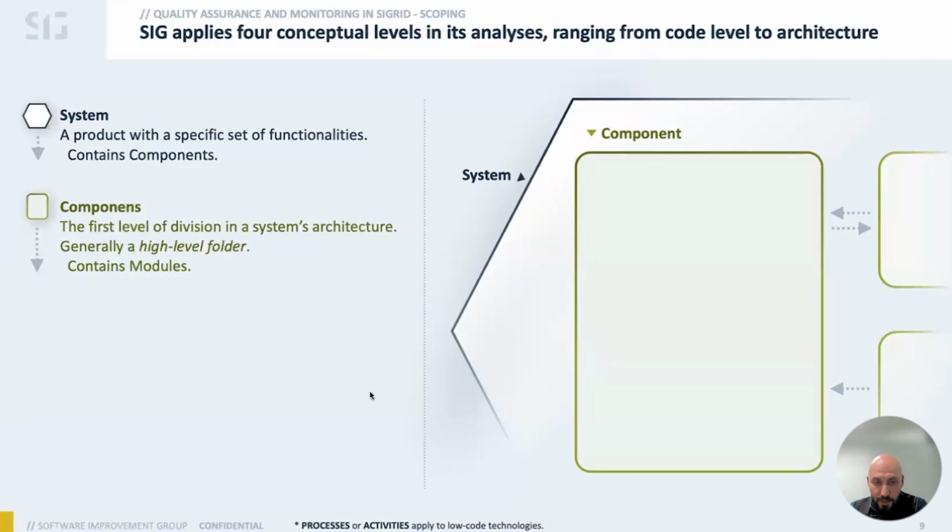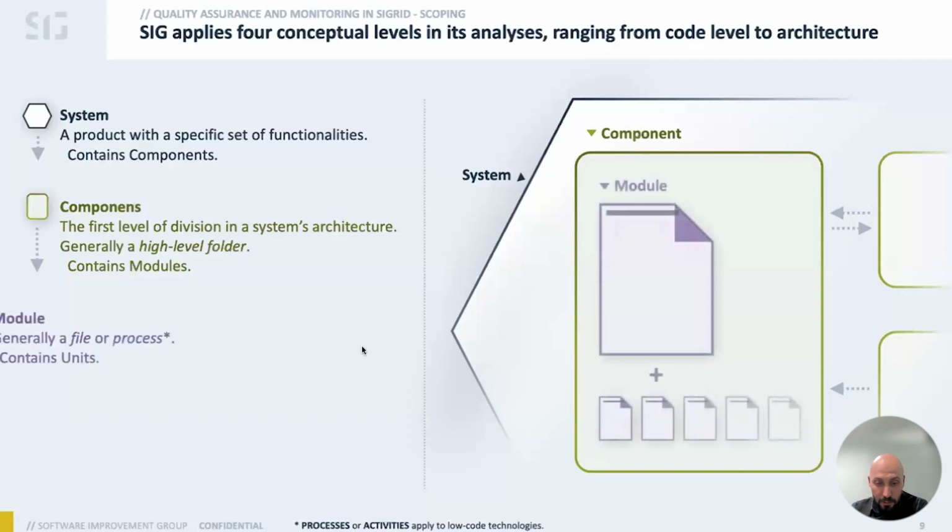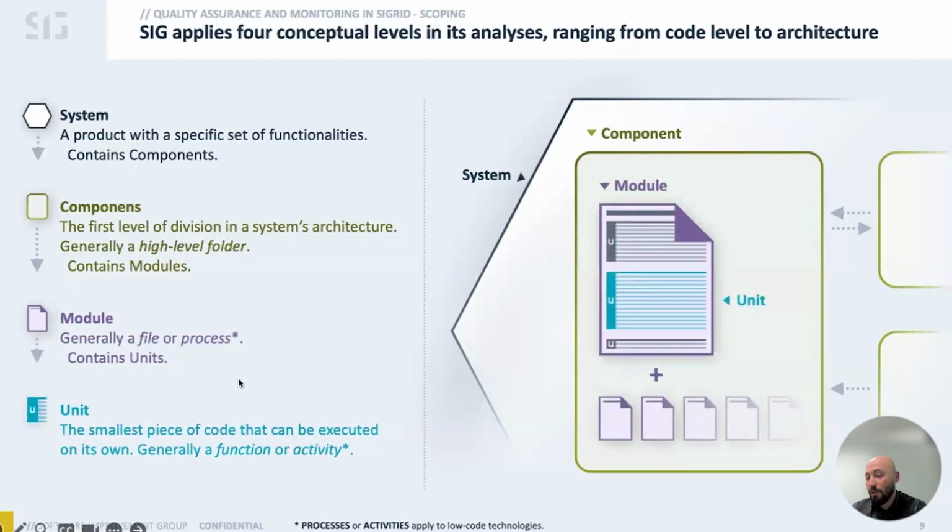So what's a system? We define four conceptual levels of a system. An overall product with specific functionalities, or maybe one functionality or set of functionalities, divided by components, which are the high-level blocks that you can put your files or your modules in, which leaves us with the third level, which is the module level, and the fourth level is the unit level.